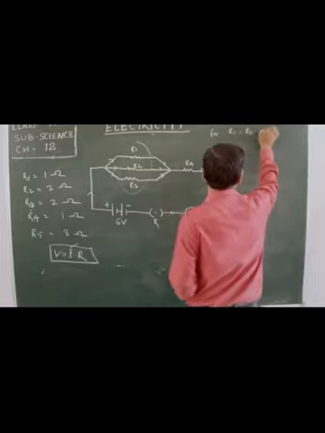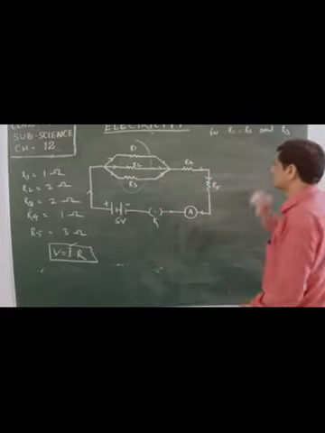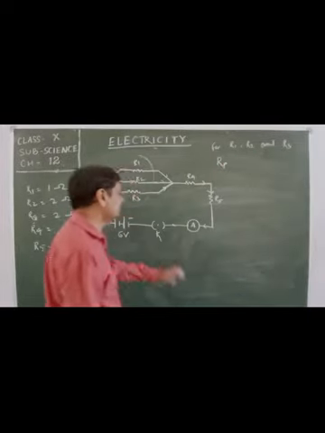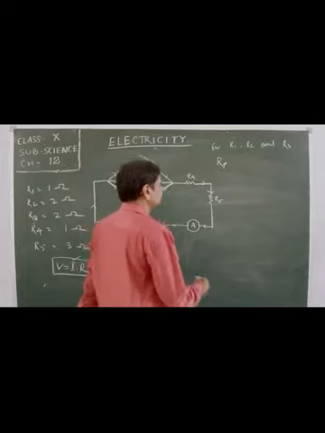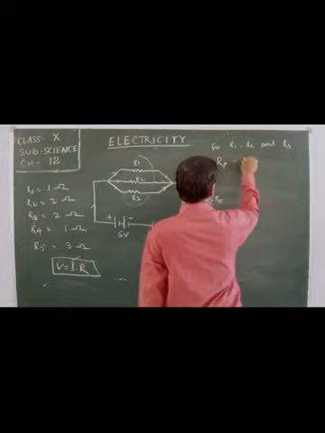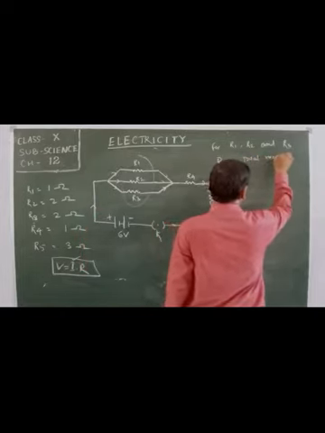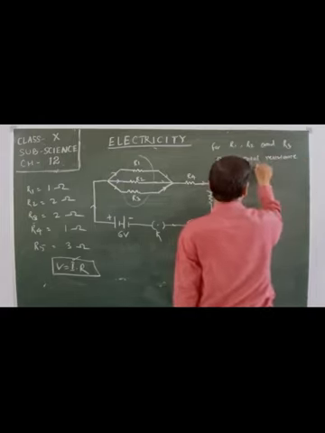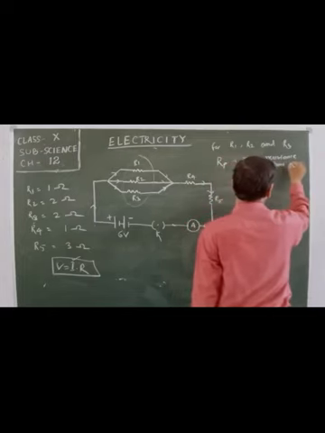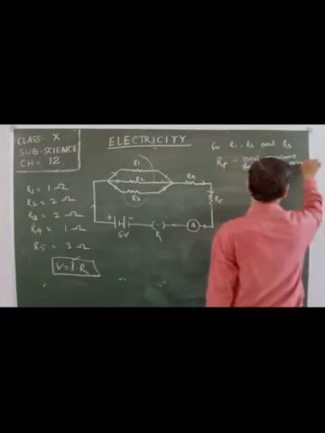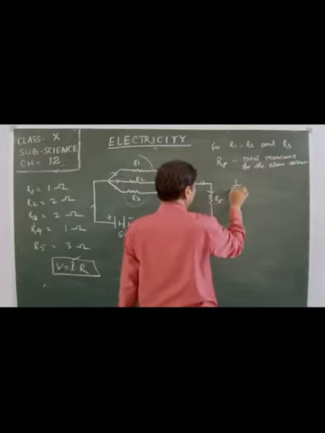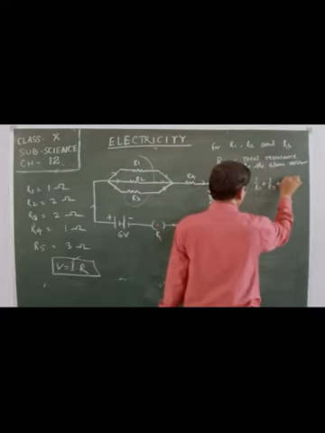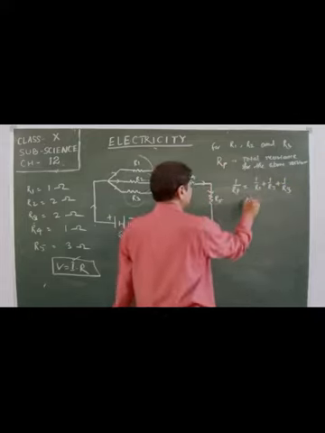So for R1, R2 and R3, the total resistance RP, because they are in parallel connection. 1 by RP is 1 by R1 plus 1 by R2 plus 1 by R3.